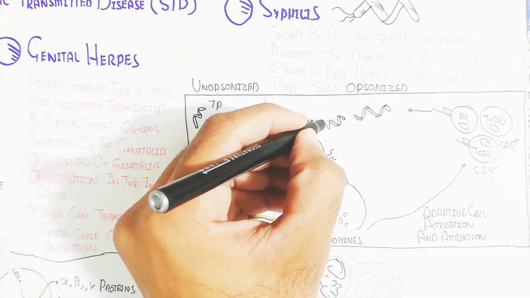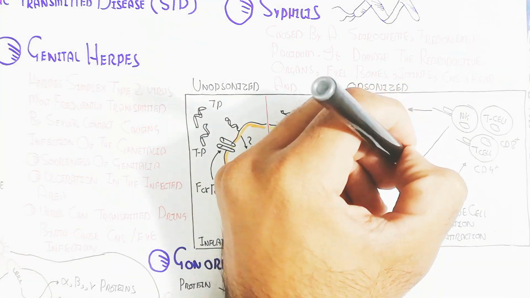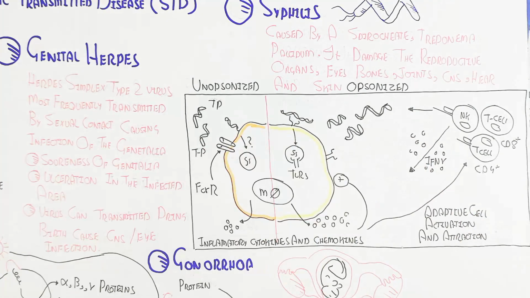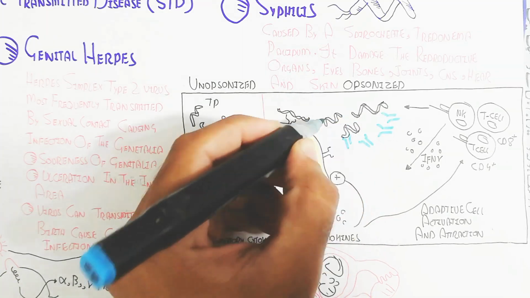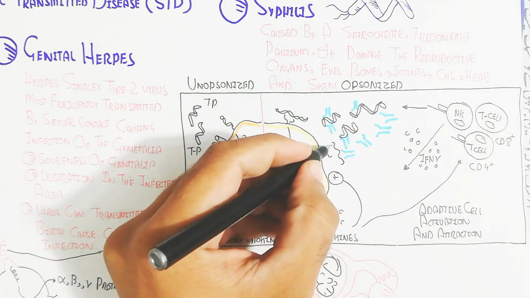In this way, adaptive cell activation and attraction will increase, and opsonization occurs through IgG antibodies, through TP-specific epitopes, leading to endocytosis of the opsonized bacteria.